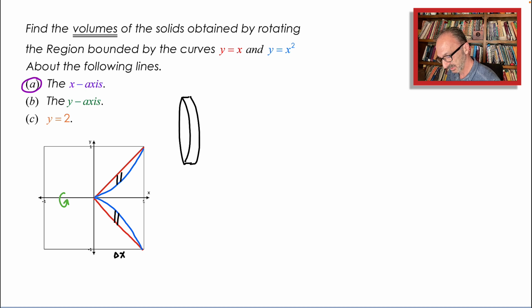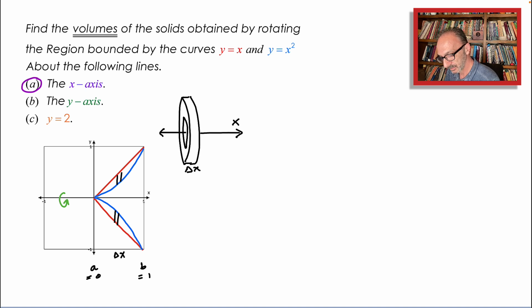And of course it's empty from the middle part. And we have the x-axis right in the middle. This is our x-axis, and this is our delta x. We're going to go from a to b. That's my a equals 0 and b equals 1.